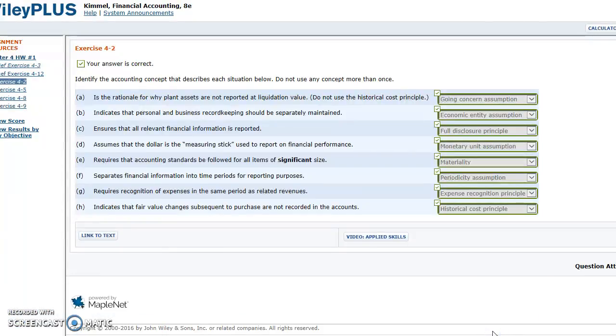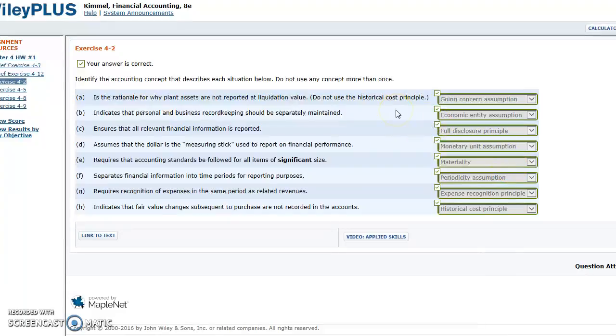Here the question is: identify the accounting concept that describes each situation below. Do not use any concept more than once. We have 8 questions and 10 answers, so we need to be careful and choose the correct one.